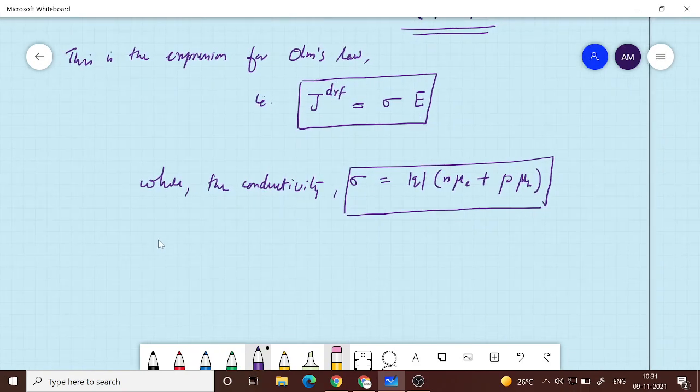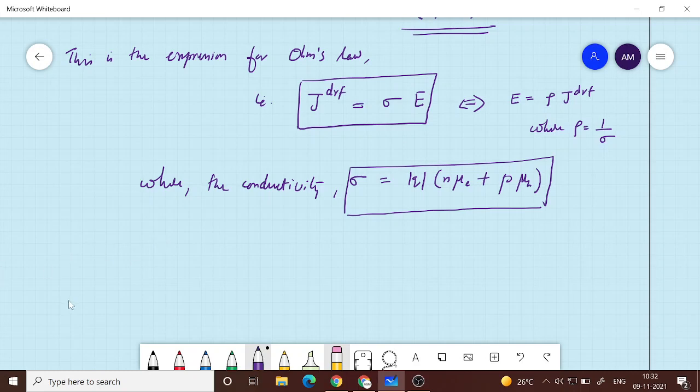Okay, this is what I said a little while ago, E is equal to rho into J. We can write it in this way also, where rho, which is resistivity, is 1 by sigma, the conductivity. So either way you put it, this is Ohm's law.